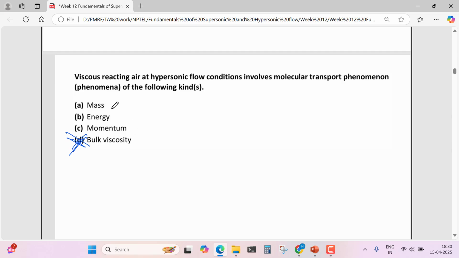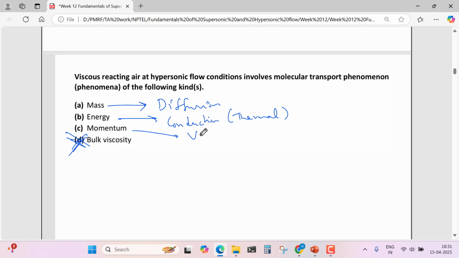Due to mass, there is a transport phenomenon called diffusion. Mass diffusion happens due to the concentration gradient. Due to energy, thermal conduction happens, due to a difference in temperature, or you can say energy. And due to a difference in momentum, there is a phenomenon which gives viscosity.